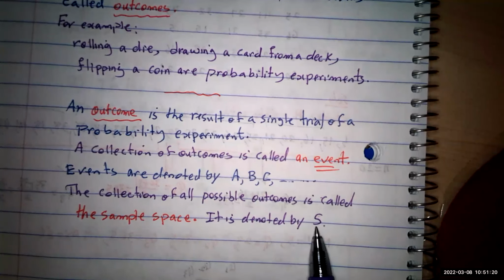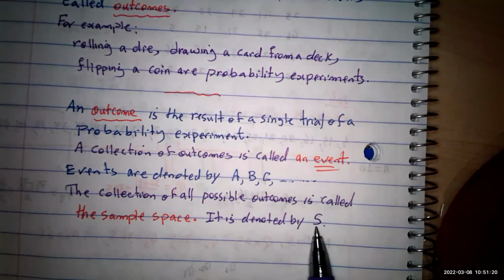It's important for each case that you be able to identify the sample space in order to do the job. Any question? So if you pick a couple of outcomes together, you are going to have an event. If you collect all the possibilities, you are going to have a sample space.